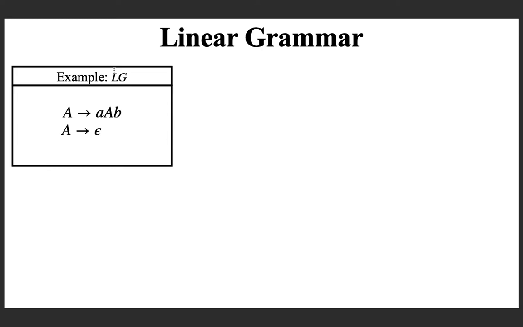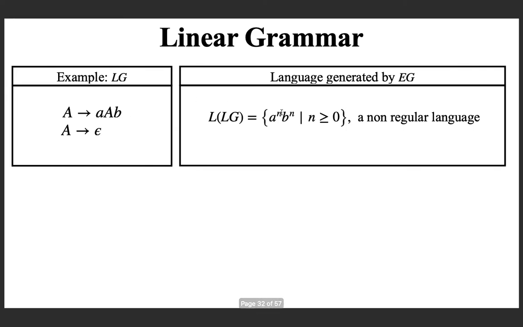I am giving you an example linear grammar LG, and here there are two rules and only one variable which is the start symbol, and it is not difficult to see that the language represented is this: n number of a's followed by n number of b's, where n is any natural number, and it is known to be a non-regular language.